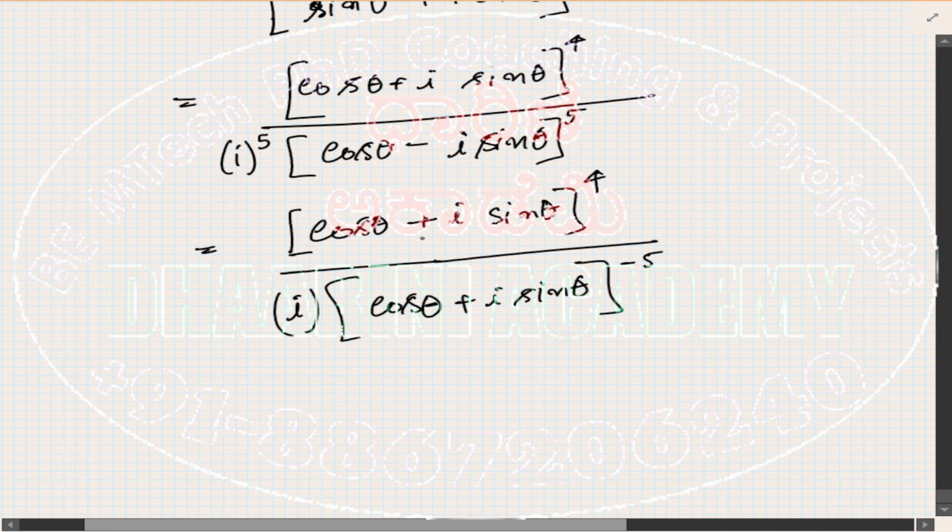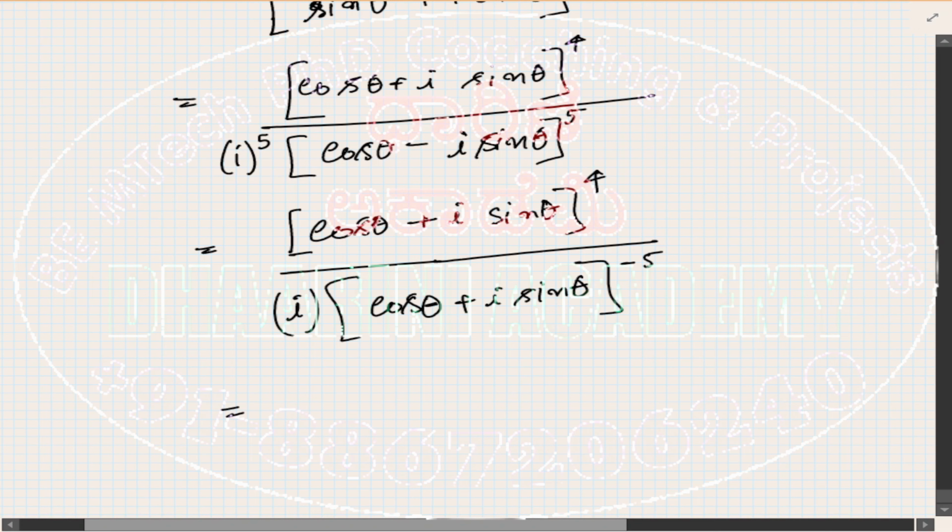So now you see the numerator and denominator are in the same format and I can club them. So this is cos theta plus I sin theta to the power, there is a 4 in the numerator and the denominator has a minus 5. When you take the denominator's minus 5 to the numerator, this becomes plus 5.